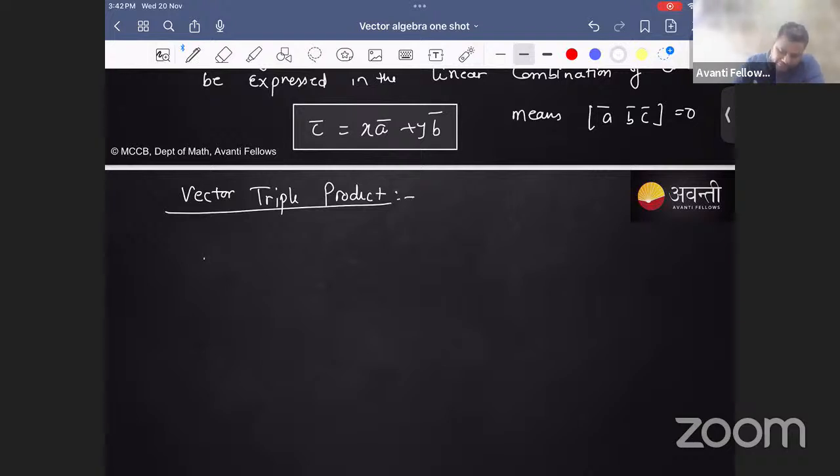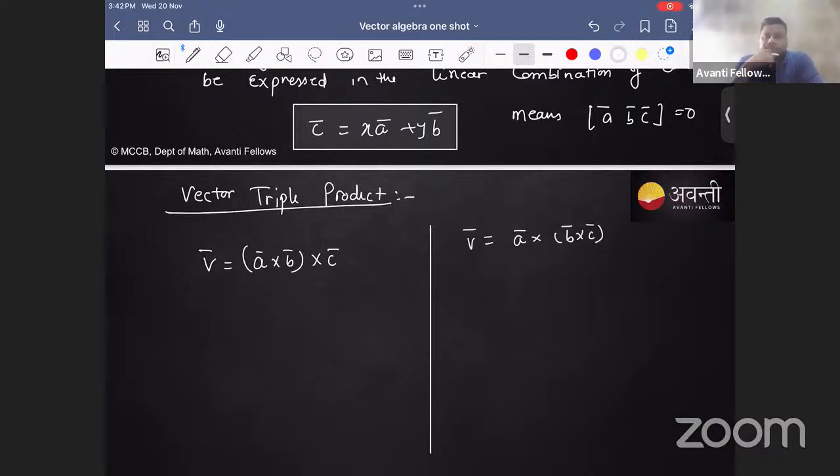It is in the form of two vectors, A cross B cross C, or A cross B cross C. So one is A cross B cross C, the other is A cross B cross C. Now see one thing. Just a moment, I will stop my screen.